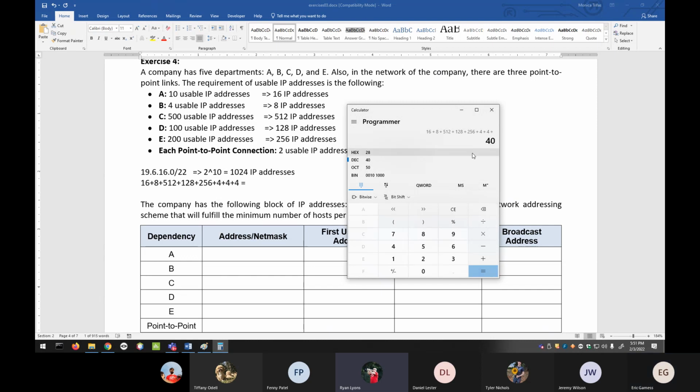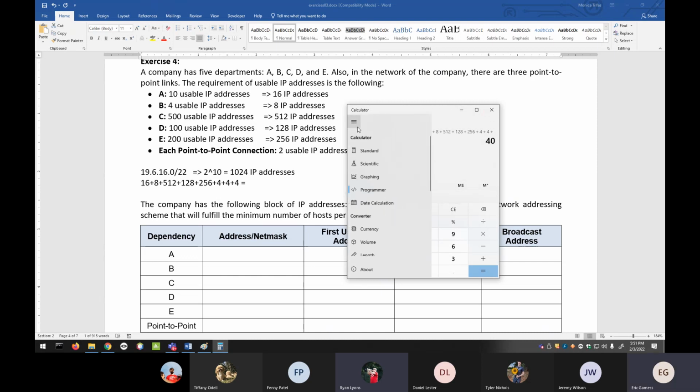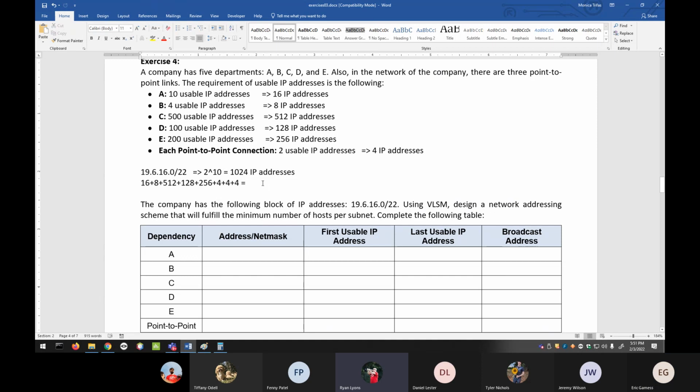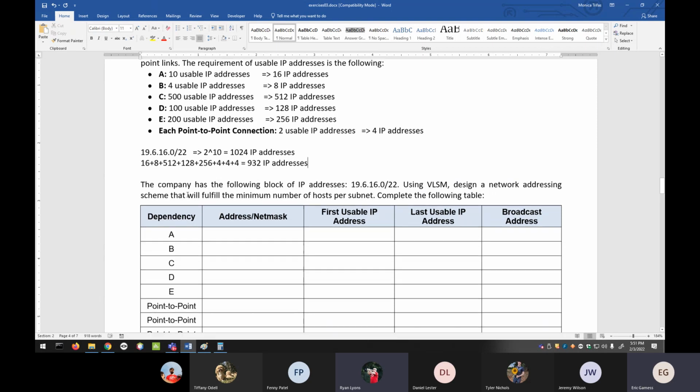Oh, there is a scientific calculator. Here it is. How many IP addresses do I need in total? 932. Do I have them? Yes. So it means that I can resolve the problem. I have enough IP addresses to satisfy everybody.